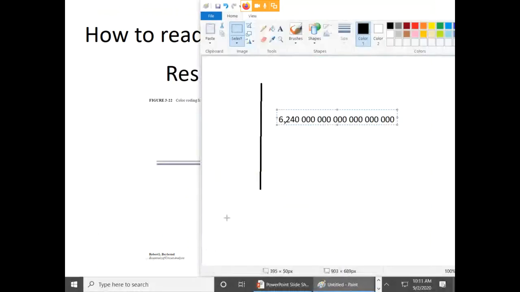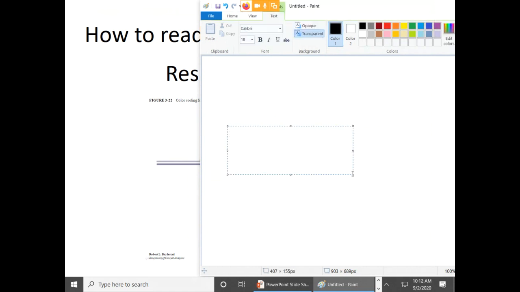Let me come over to my paint here for a minute. All right, so we have red, which was a 2, and then we had black, which was a 0, and then we had brown, which is a multiplier. Brown is a 1, but what that means is 10 to the first power, or 10.